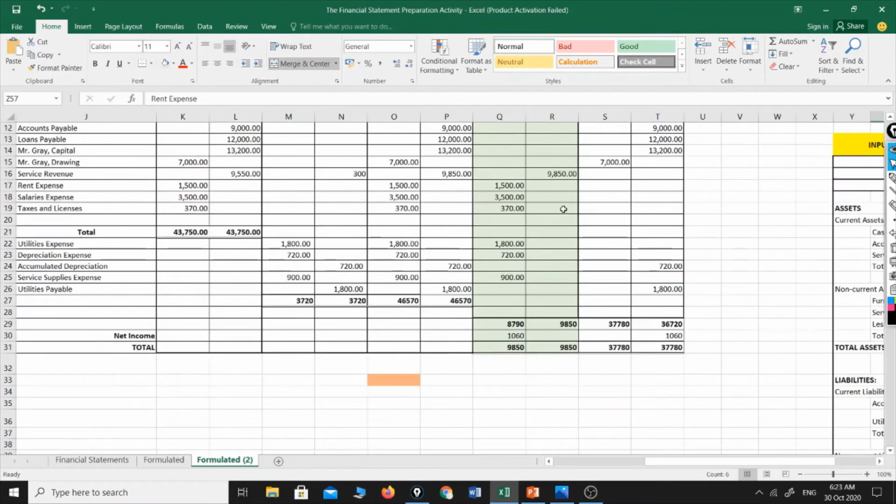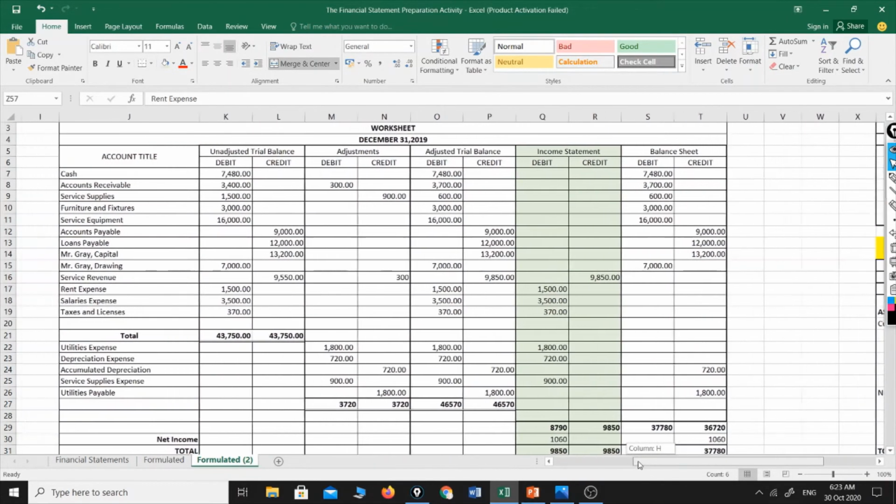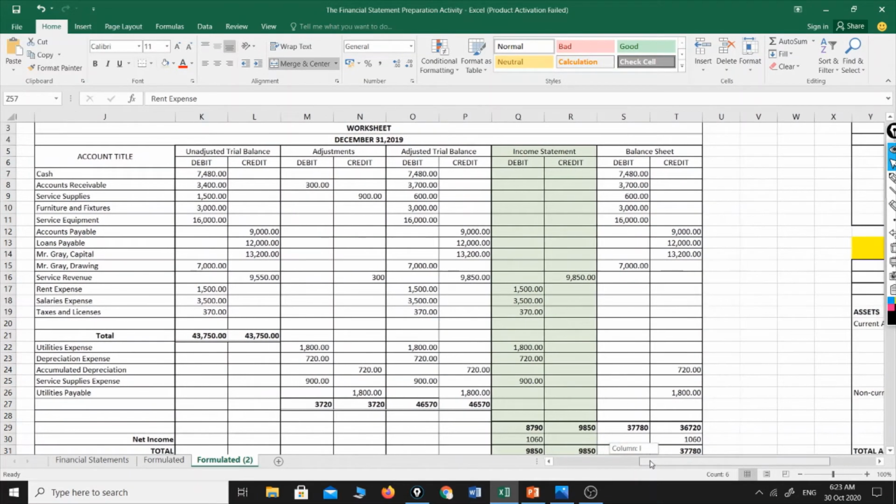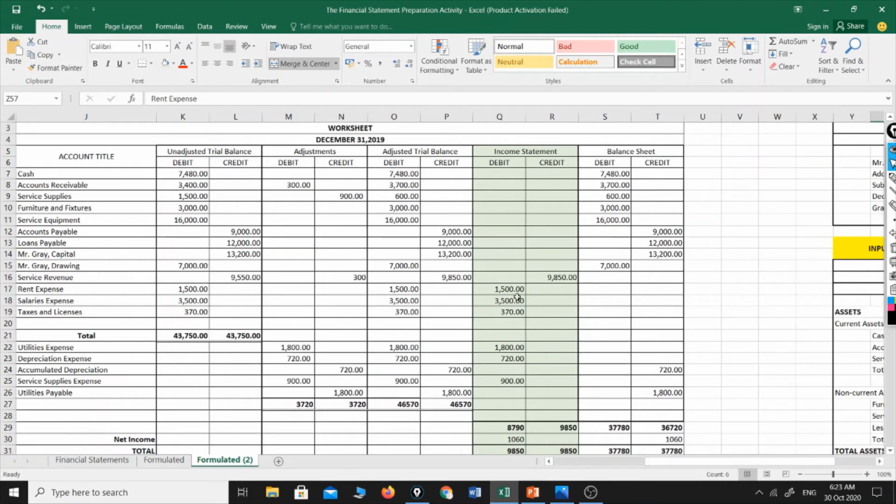So we have here on our worksheet the expenses that we incurred. Salaries expense, 3,500, taxes and licenses, 370. And for utilities expense, we have 1,800, depreciation expense, 720, and service supplies expense 900.